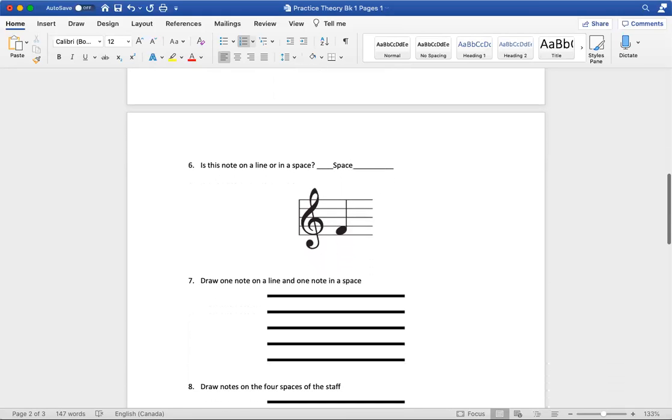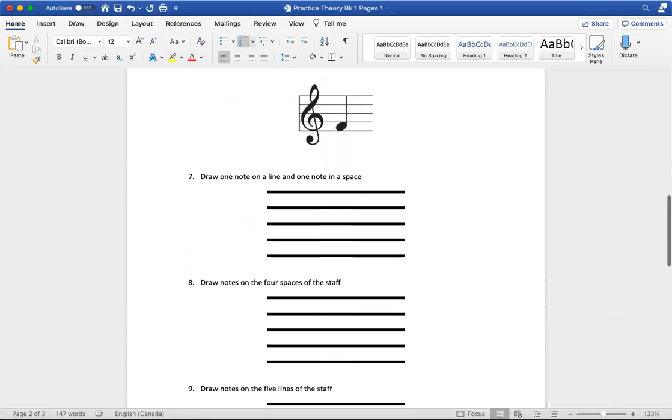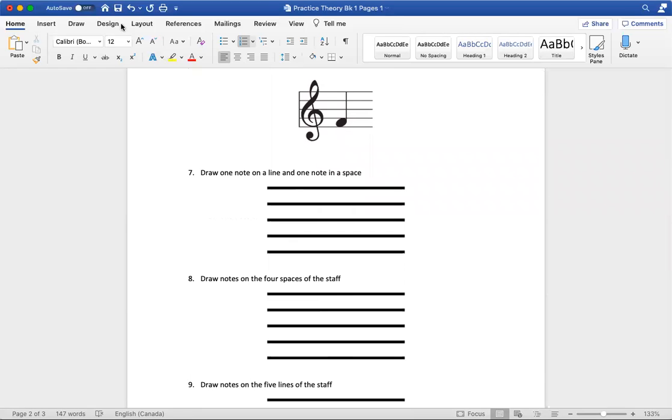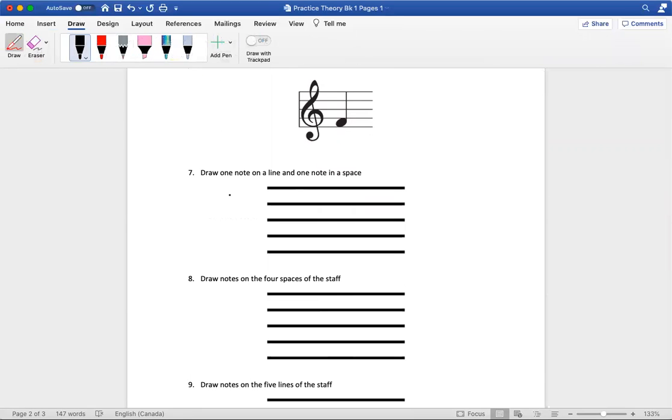Okay. Now we have to draw one note that's on a line and one note that's in a space. So remember that our note has to be around a line. So I'm going to make it a whole note. So it's just a circle like this and one on a space.